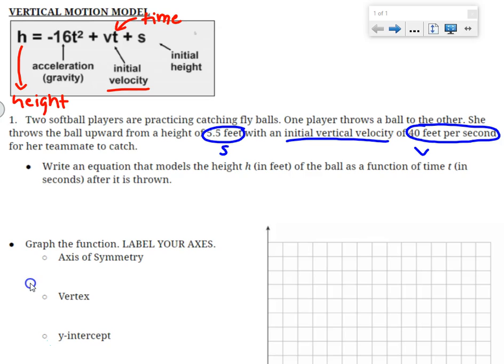Write an equation that models the height h in feet of the ball as a function of time t in seconds after it is thrown. So that's just saying we want h equals negative 16t squared, that's gravity, plus vt, so our v is 40, so plus 40t, plus s, which is 5.5.